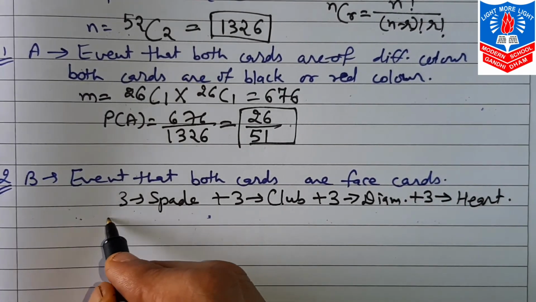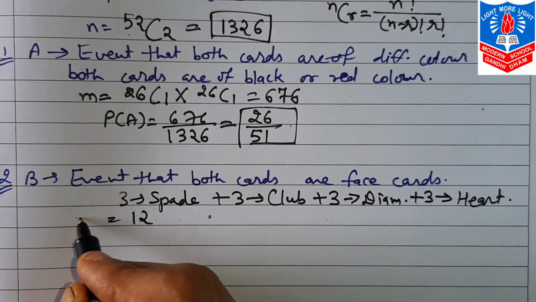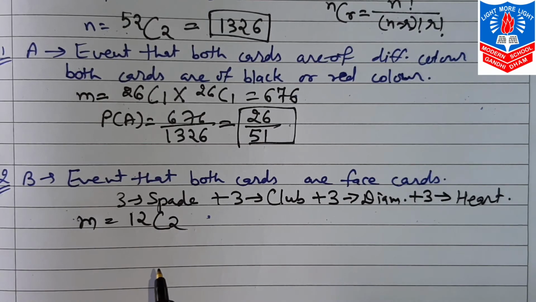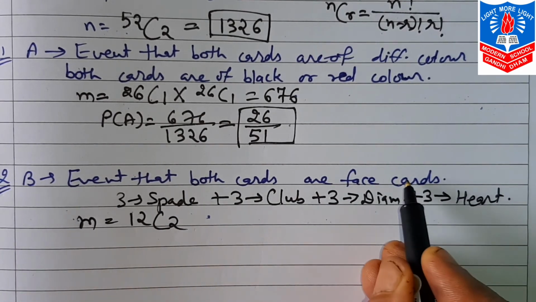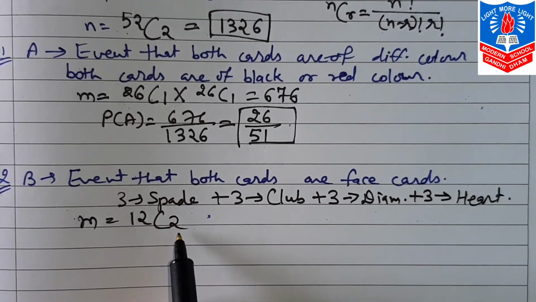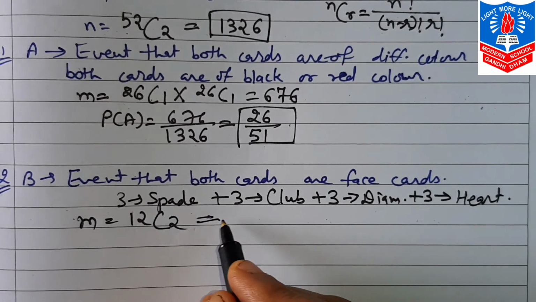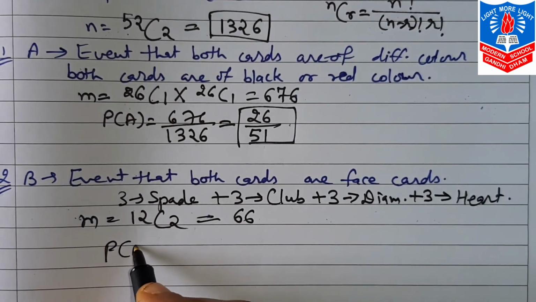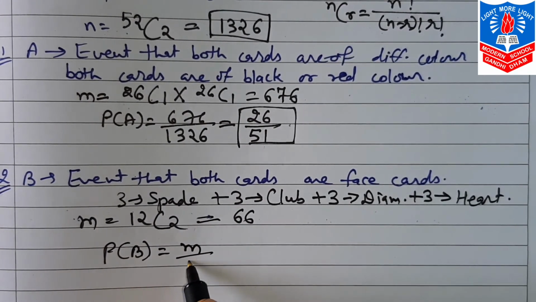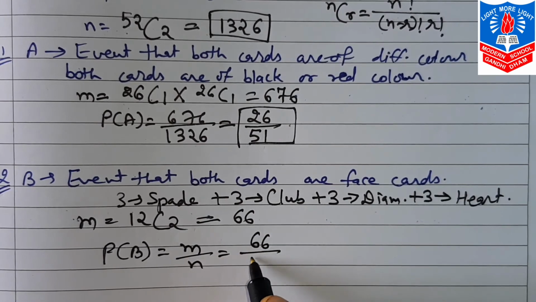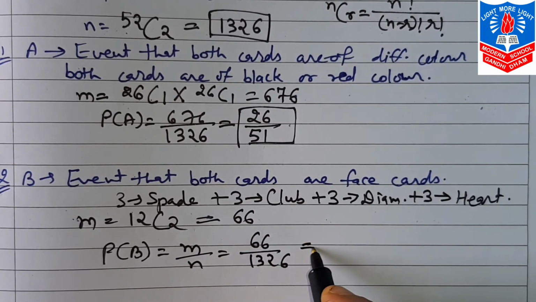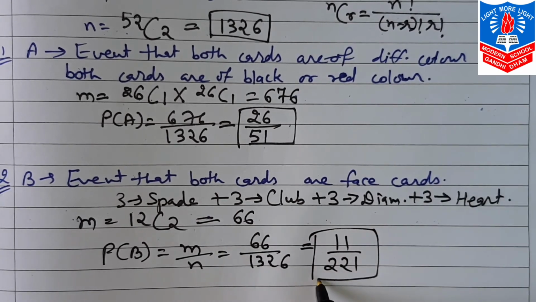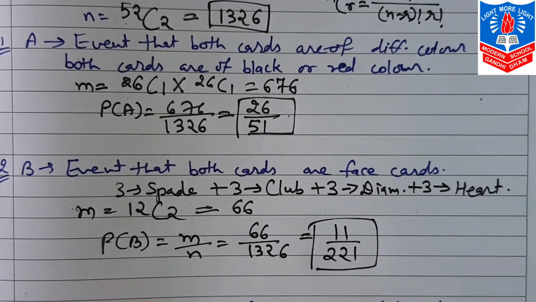This way, total 12 cards. From that, we are supposed to select 2 because it is given both cards are face cards. So total 12 cards, from that we select 2. So that comes 66. So probability of B will be M by N, which will be 66 by 1326, which comes 11 upon 221, the simplest form of this.